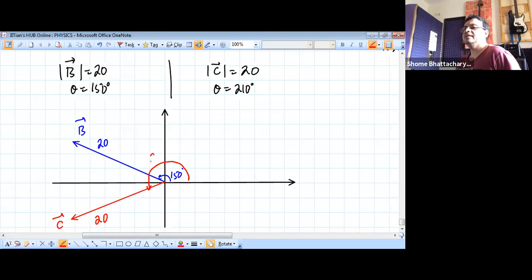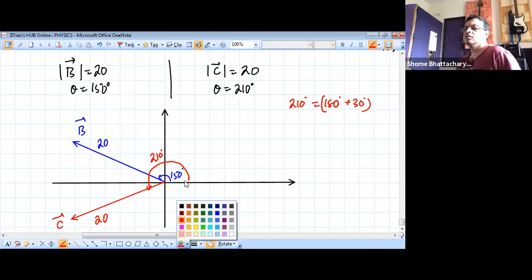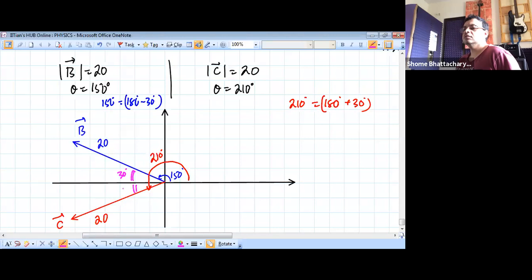It is 210 degrees. So notice that 210 can be written as 180 plus 30, whereas 150 could be written as 180 minus 30. So you can see that this angle here is equal to this angle here.